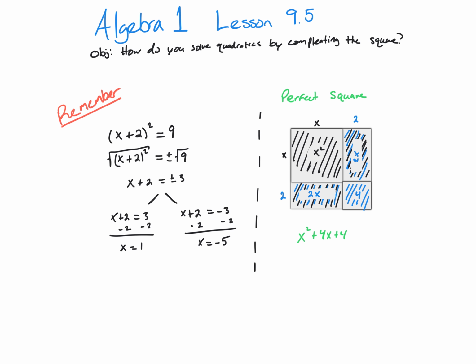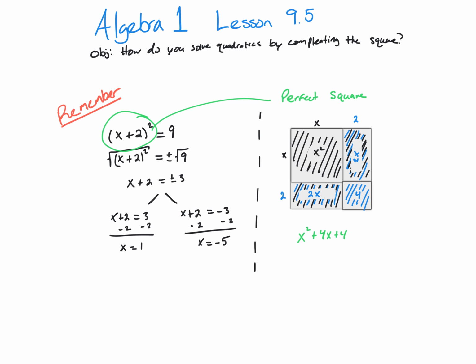Well, this right here is a perfect square. And we can say that because think about a square that has side x plus 2 and side length x plus 2. This one right here is the x squared term. This rectangle right here is 2 by x, so its area is 2x.